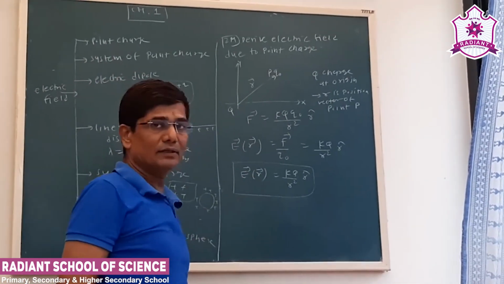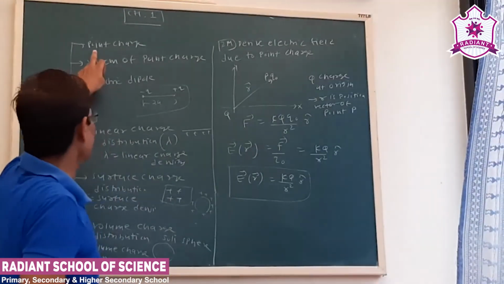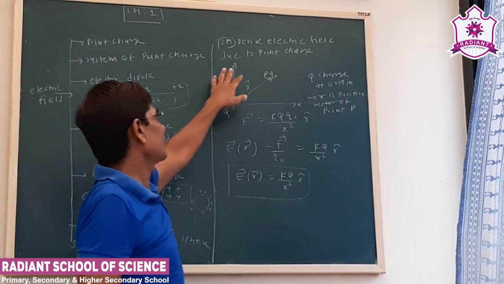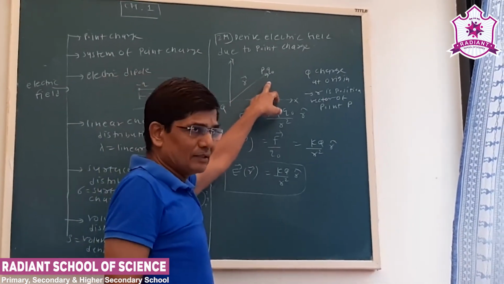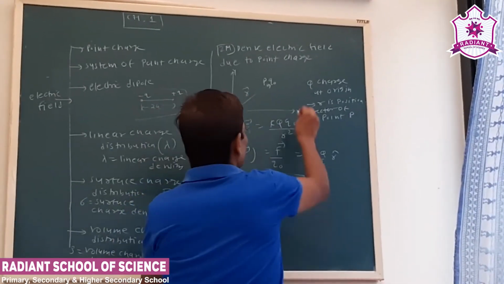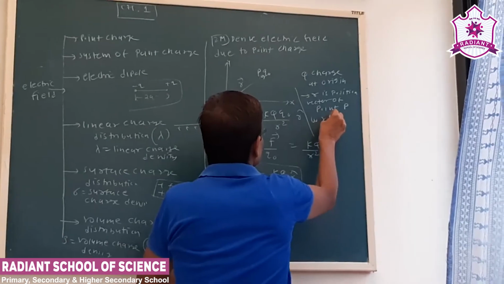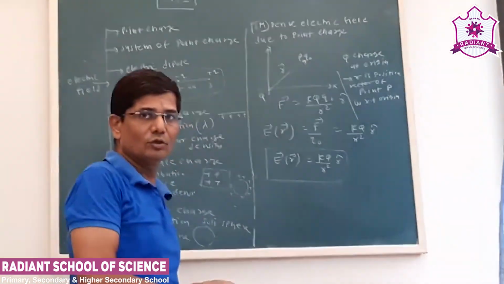So this is nothing but the electric field of a point charge. See, we have seen the first type, derive electric field due to point charge. Q charge is at the origin. P is a point which has the position vector R with respect to the origin, and we have obtained the electric field due to point charges.